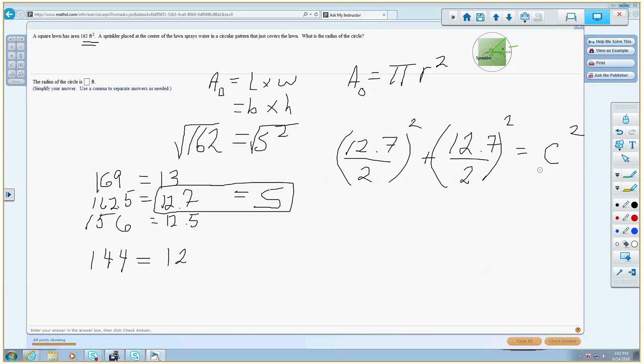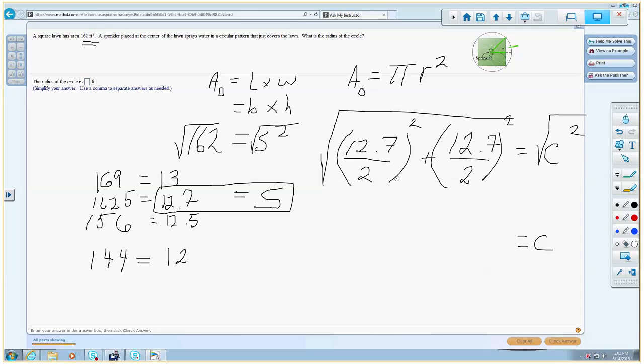And to find c, you take the square root of that and the square root of this. So whatever this comes out to be, the square root of that number is c, which is this side right here, which is your radius.